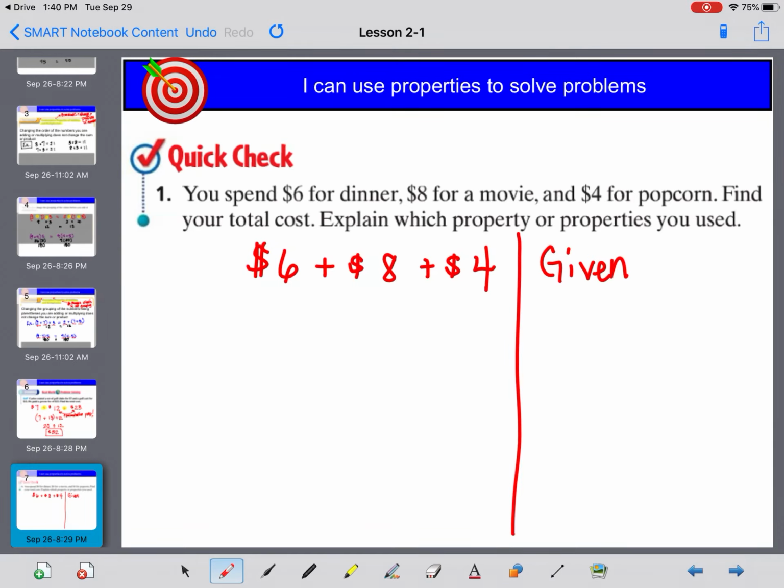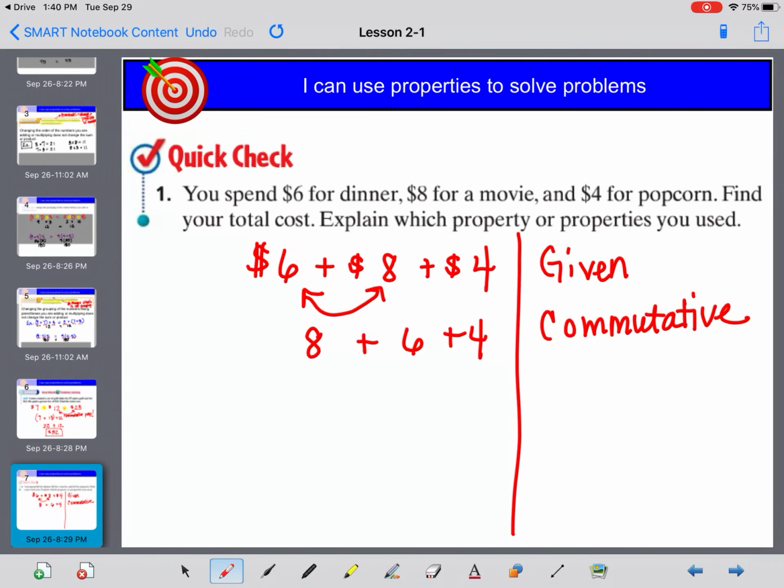I'm going to explain it this way because it's a little easier. Now, if I were doing this in my head, I probably would not take 6 plus 8 first. I would probably switch the order and say 8 plus 6 plus 4. That is the commutative property because I switched the order. Then instead of taking 8 plus 6, I'm going to take 6 plus 4.